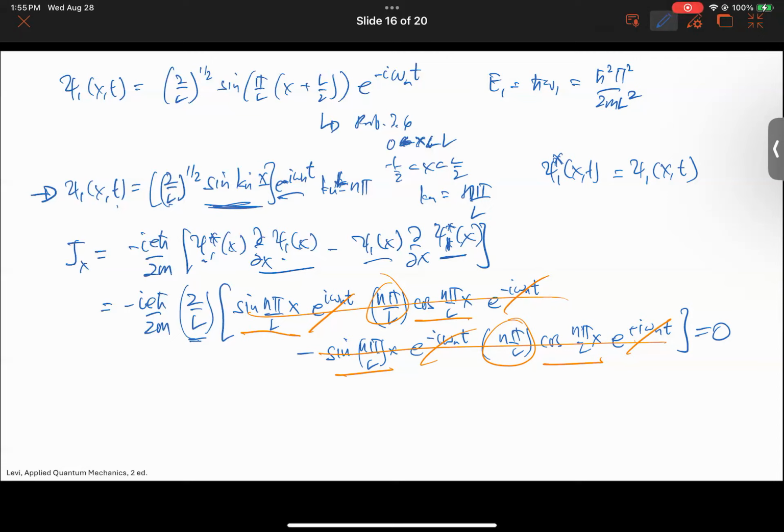So, by using the ground state wave function, the ground state wave function in itself does not carry current. It does not form a traveling wave.